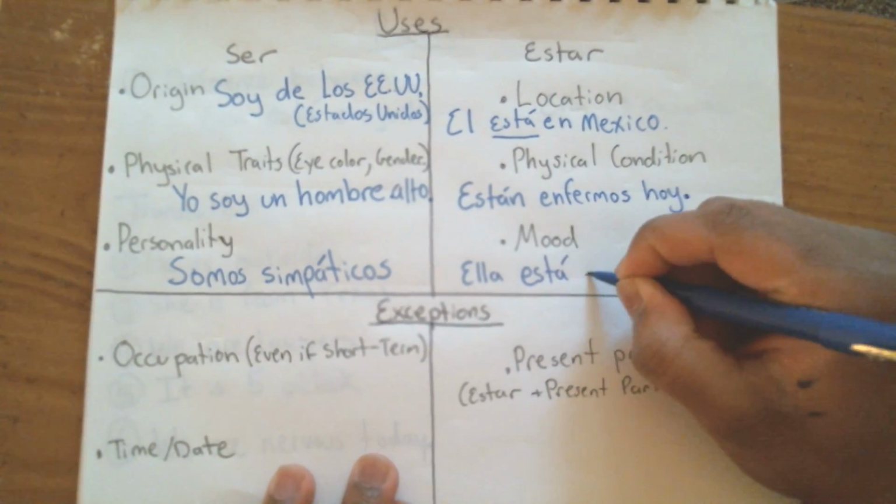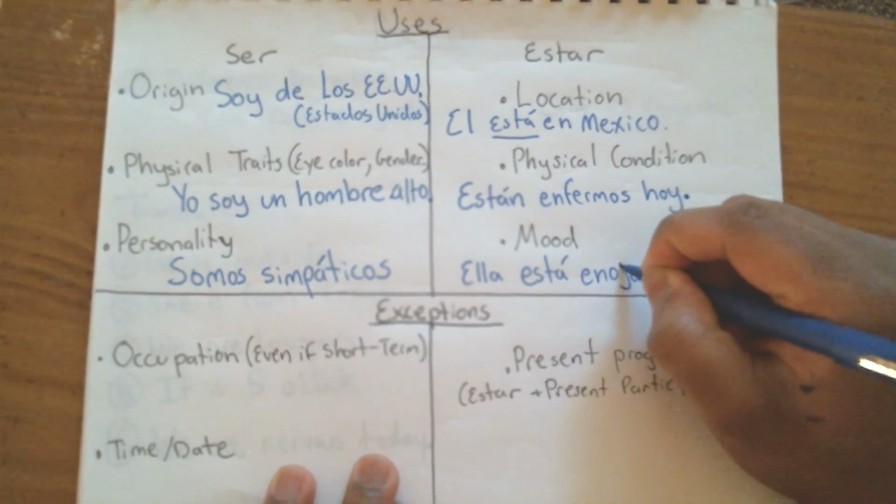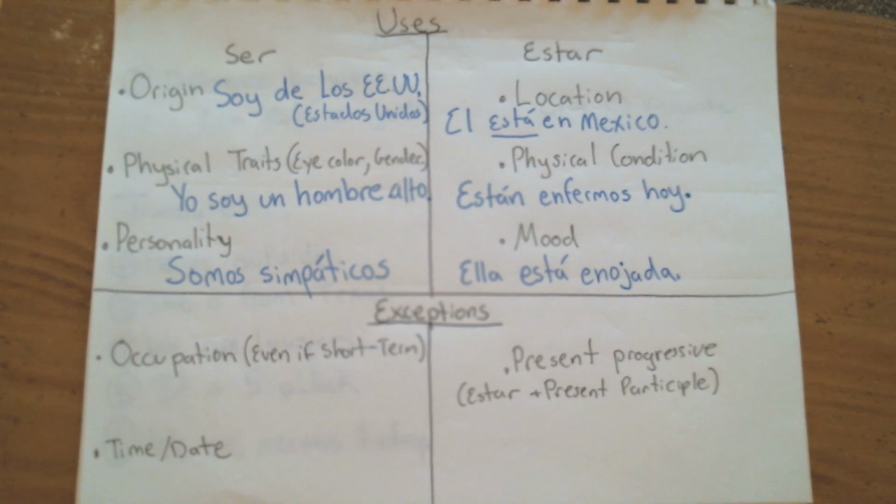está enojada, okay? Enojada is the word for angry, okay? Ella está enojada. Now, like I told you before, when you're using estar to describe a personality trait, then it's not really talking about their personality in general.